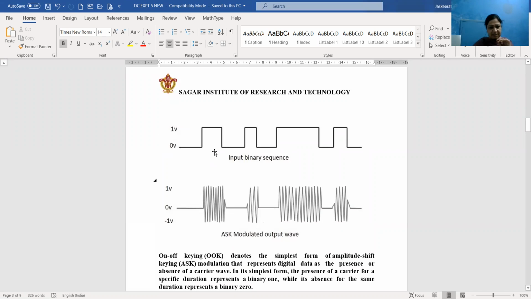Whereas when the message signal is bit 1, the modulated signal is represented by a carrier wave of frequency Fc. So in this case, we can see the ASK modulated output wave, where 1 is represented by the carrier wave and 0 is represented by no signal.